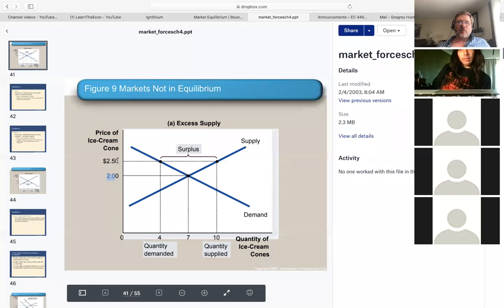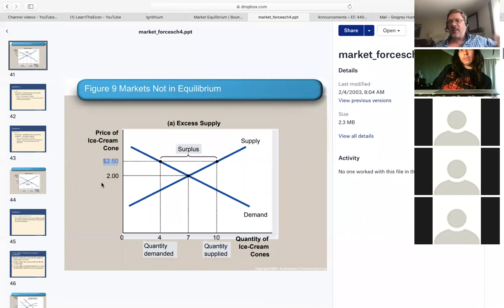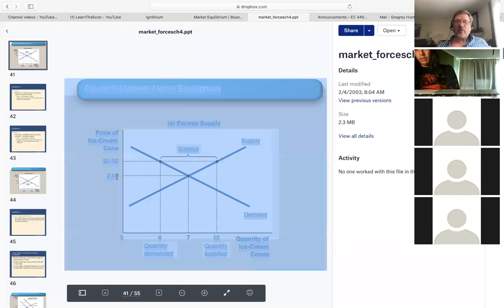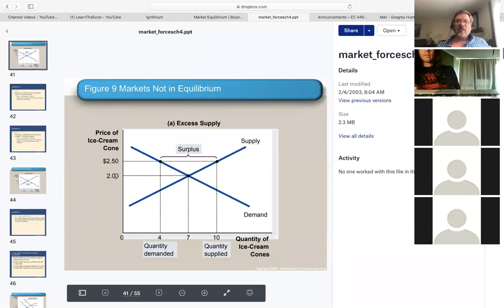And you might ask yourself, okay, at a price of $2.50, if the government for some reason decided that $2 was the wrong price for ice cream cones, would there be anything bad or wrong about setting the price at $2.50?